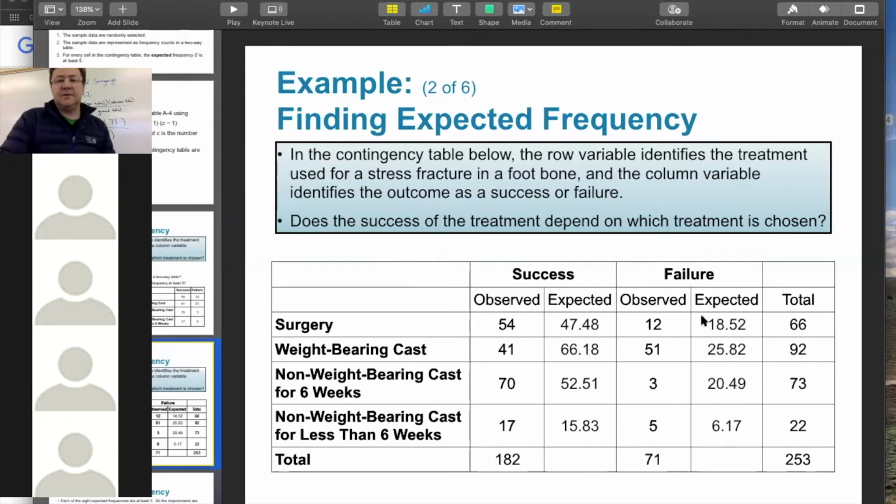And this whole procedure has been repeated for all 9 entries. I'll go ahead and point out, remember how for non-weight bearing casts for 6 weeks, 3 of those procedures resulted in a failure. If this was completely independent, then we would have expected 20.49. And that 20.49 came from 71 times 73 divided by 253.